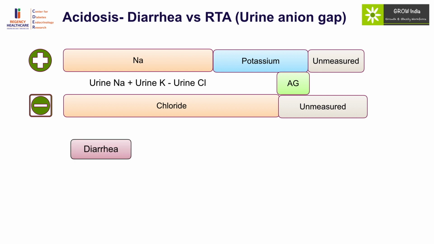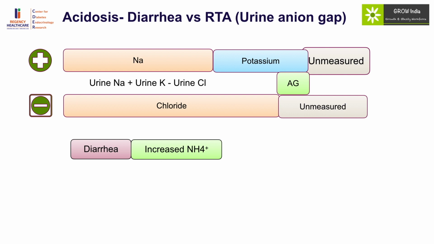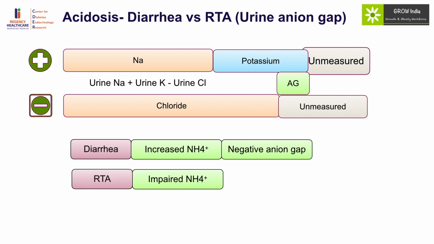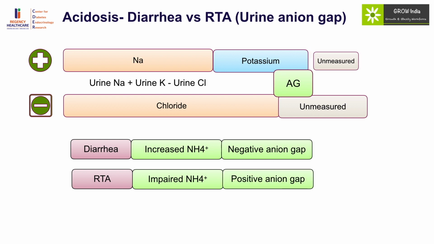In a normal situation like diarrhea, when there is metabolic acidosis, ammonium production is increased. Therefore, the unmeasured positive ion is increased, resulting in a negative anion gap. While in the setting of renal tubular acidosis, there is impaired ammonium production, resulting in decreased unmeasured cations and a positive anion gap. So in a child with hypokalemia and acidosis, a positive anion gap in the urine is suggestive of renal tubular acidosis, while a negative urinary anion gap is suggestive of diarrhea.